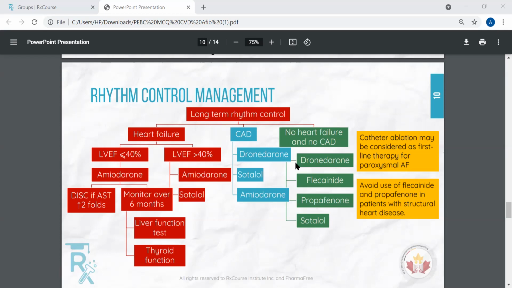However, if the patient has some criteria, I have to consider rhythm control in addition to the rate control.